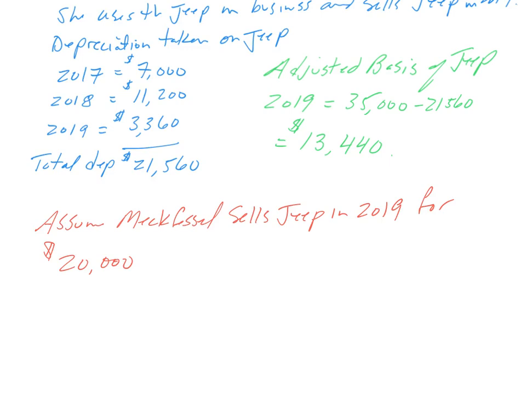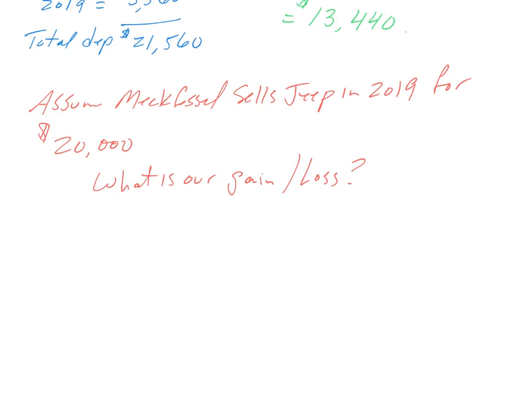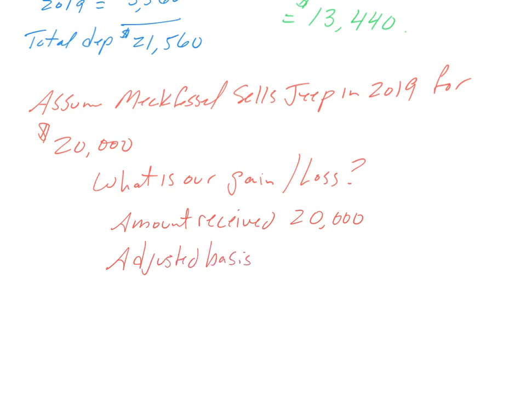All right, so now what is our gain or loss? All right, so we have amount received is $20,000 minus our adjusted basis equals $13,440.